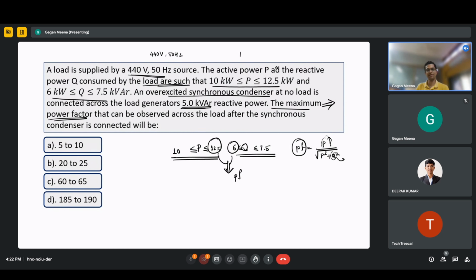So how much is the power factor? So this is the load. Load requirement is 6 kVAR and the synchronous condenser is providing 5 kVAR. So resultant, how much is required from the source? Sir, 1 kVAR. Yes, 1 kVAR.